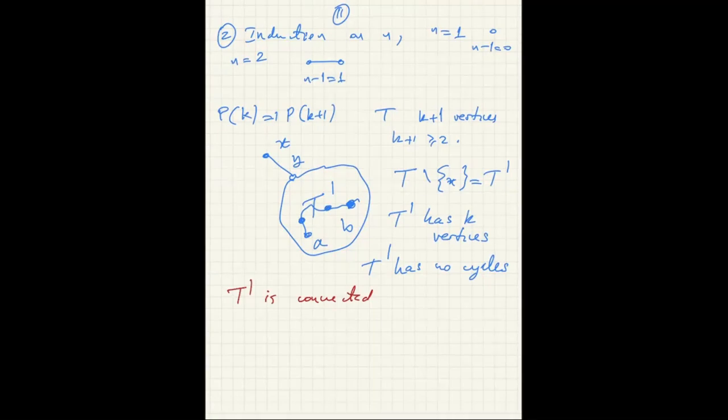But the vertex x has degree 1, so x is not on that path. So when we delete x, that doesn't affect the path AB; it still survives. So T prime is connected, and therefore it is a tree with k vertices. A tree T prime must have k minus 1 edges. But how many edges will T have? We deleted a leaf, a vertex x of degree 1, so T must have k minus 1 plus 1, which is k.